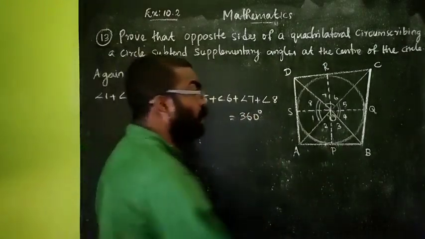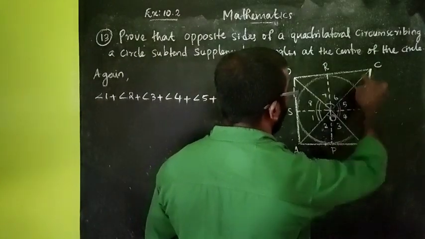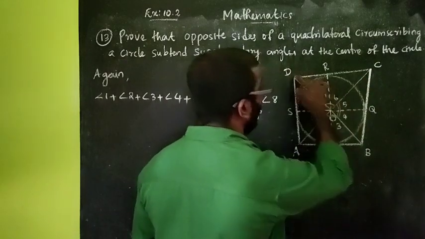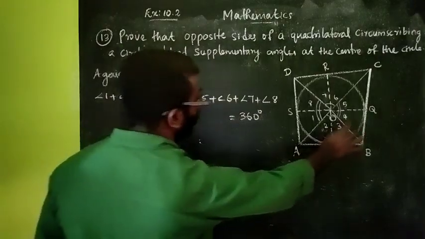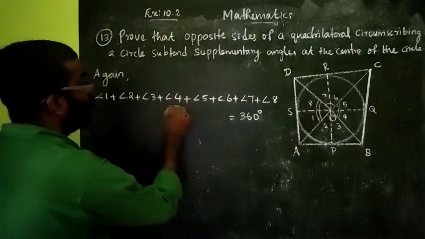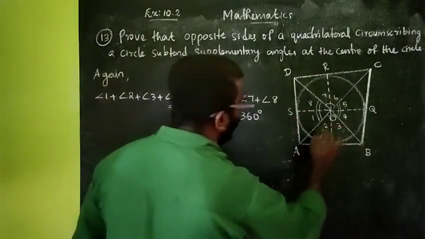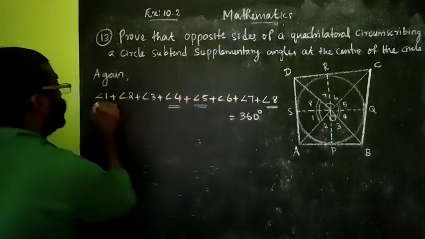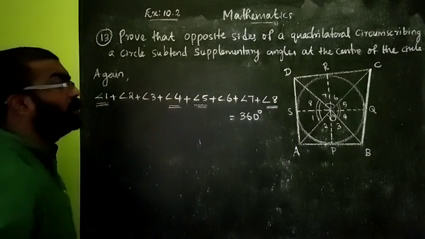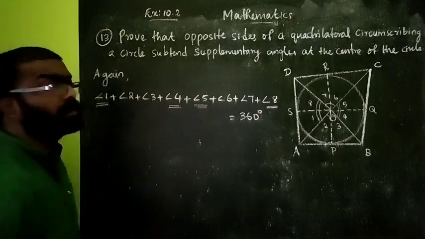Here we have to prove angle BOC plus AOD. Okay. So BOC consists of 4 and 5. And AOD, 1 and 8. So we have to keep these 4 angles and we can change the other angles.